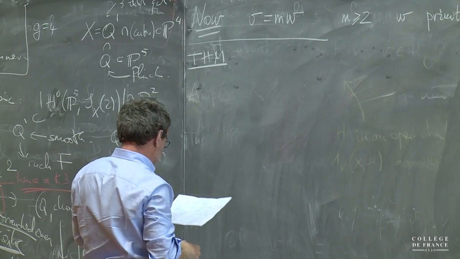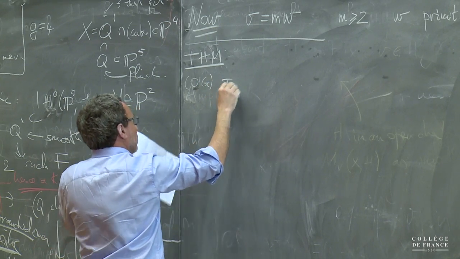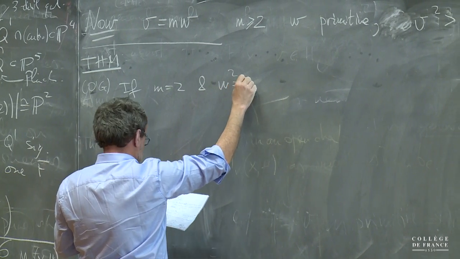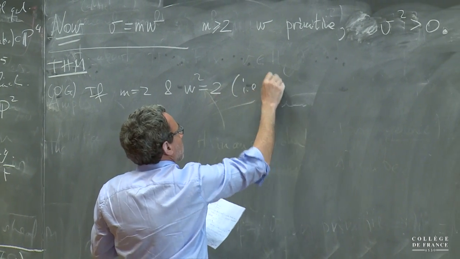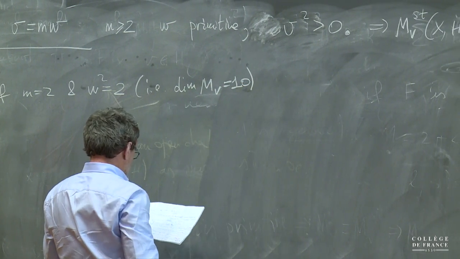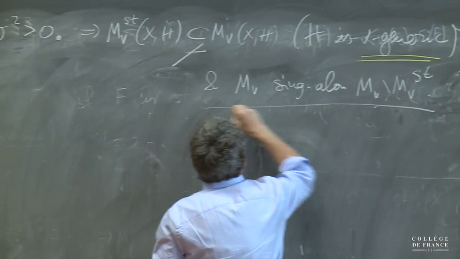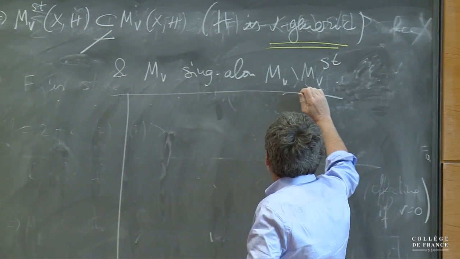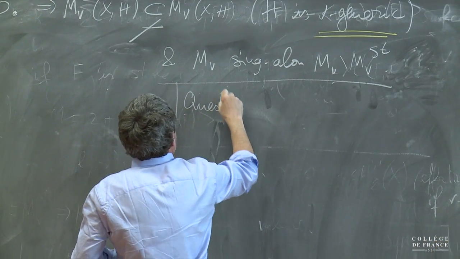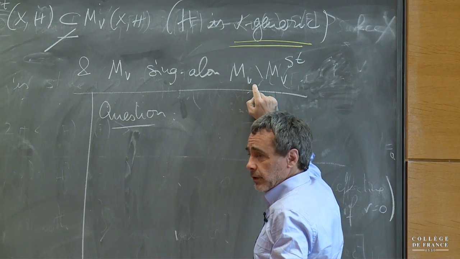I'll put together various results. If M is 2 and V squared is 2, which means with these hypotheses that the dimension of MV is 10. Since we have this situation in which we have a singular moduli space, what we have is a symplectic form away from the singular locus.